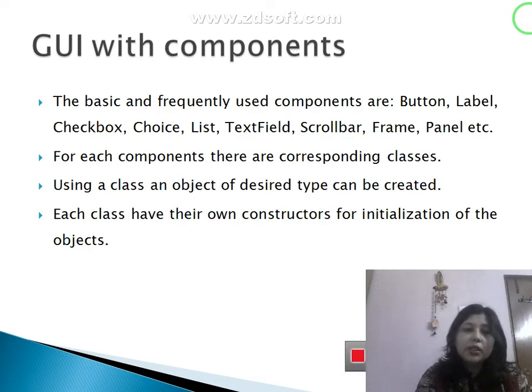Now, what are the components which we will be using for these GUI applications? The basic and frequently used components are the button, label, checkbox, choice, list, text box, and the different types of containers like frame, panel, etc. For each of the components, there are corresponding classes.